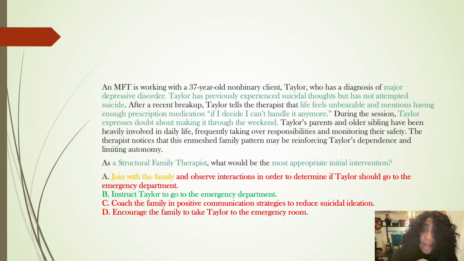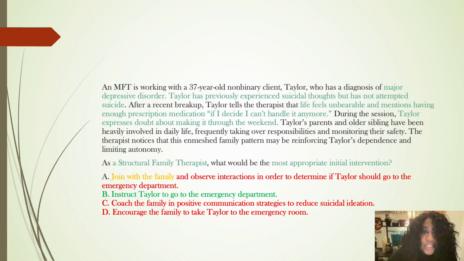There is a lot of fluff in this question. To be honest with you, the only piece that you needed to pay attention to was that he has enough medication that he can do it if he wanted to, and that he may not make it through the weekend. A says, join with the family. I know that that is an initial intervention, but if you pay attention to the rest that follows, the rest is all incorrect.